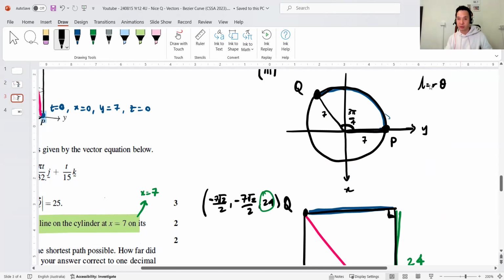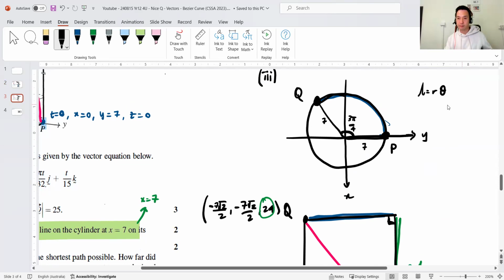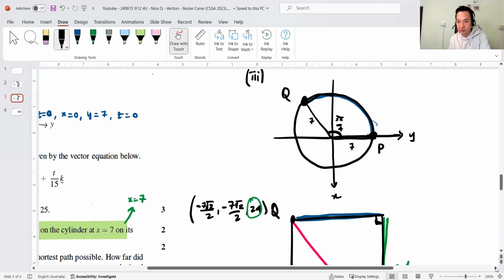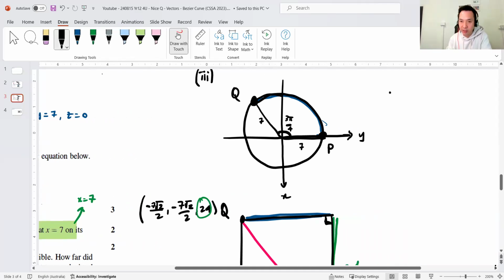Sorry, I'm a bit all over the shop, but maybe I'll do it over here. Let me rub this off. I'll do it down here. Actually, just do it to the right. So L equals R theta. Then L equals 7 times 3 pi on 4, in radians, which is 21 pi on 4.